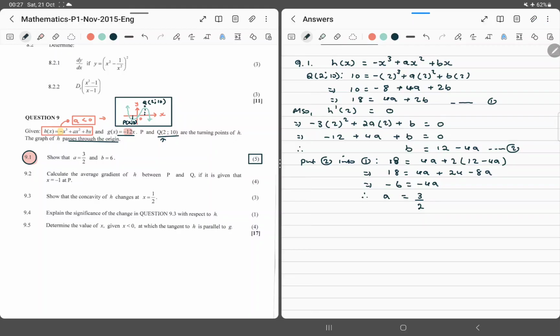That is correct. So we got it. Therefore, our b value is 12 minus 4 times 3 over 2. 2 goes into 4 twice, so 2 times 3 is 6, and 12 minus 6 is 6. So essentially, it's done.